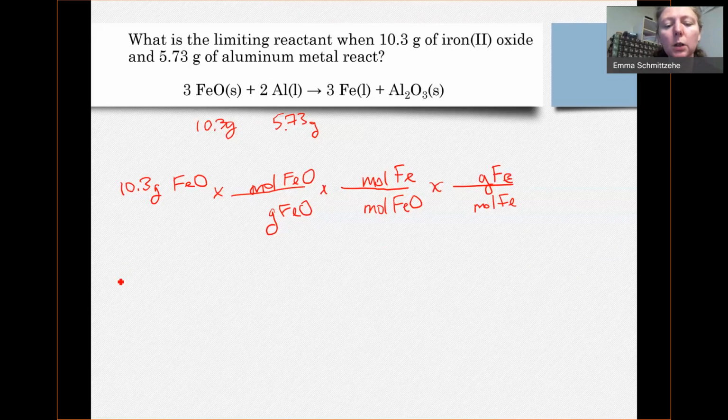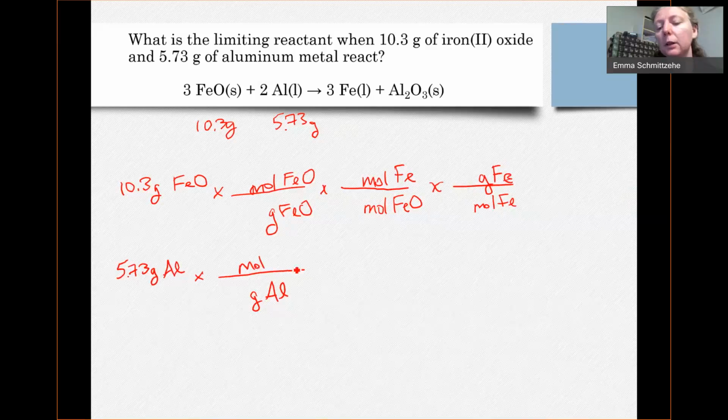And then this next one, I'm going to do the 5.73 grams of aluminum. I'm going to convert that to the same product. So again, I need to go from grams of aluminum to moles. And then I'm going to convert my moles of aluminum to moles of the same product.